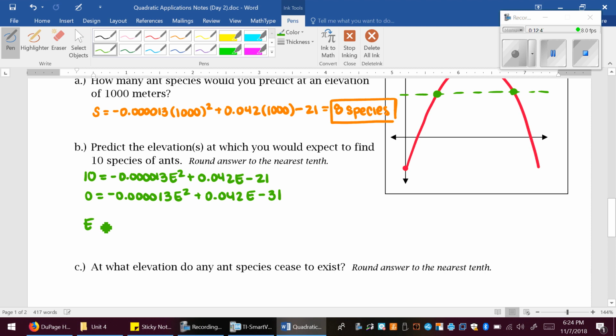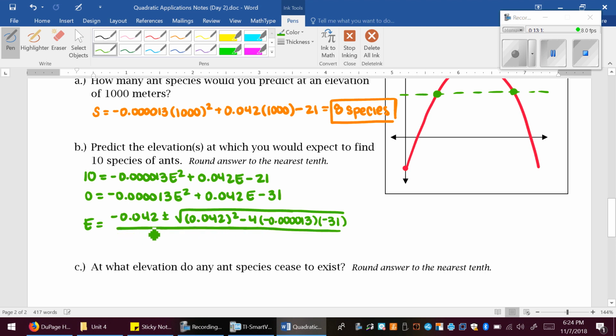So x equals the opposite of b plus or minus the square root of b squared minus 4 times a times c, all over 2 times a.